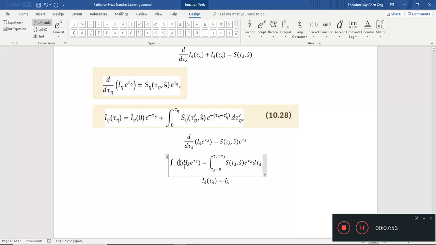You integrate this, and it is evaluated at tau lambda equals 0. I evaluate this whole quantity at tau lambda equals 0, and evaluate it up to tau lambda equals tau lambda.